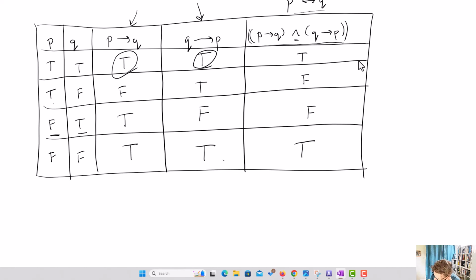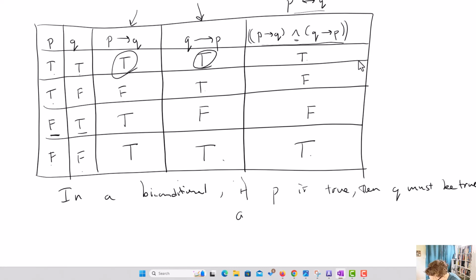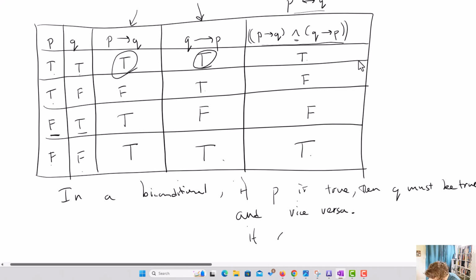So what you'll see is that when P is true and Q is true, the biconditional is true, and when P is false and Q is false, we also have the biconditional be true. The value of this is to know that in a biconditional, if P is true, then Q must be true, and vice versa.